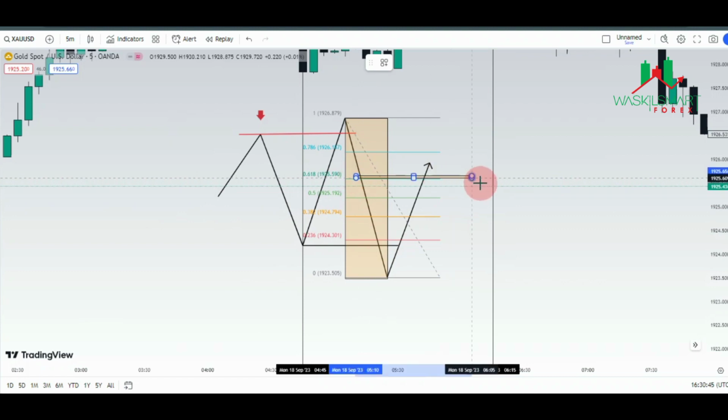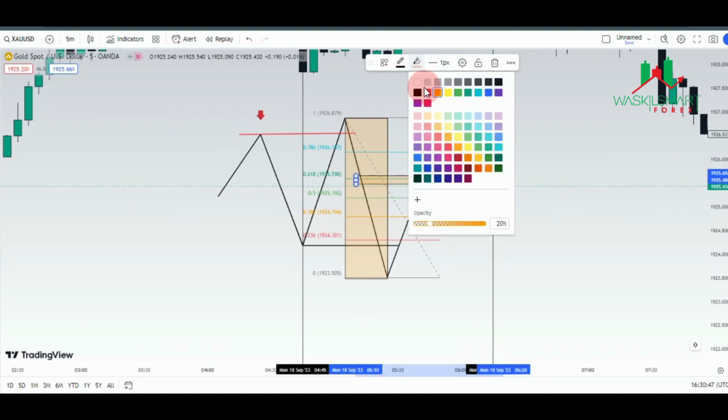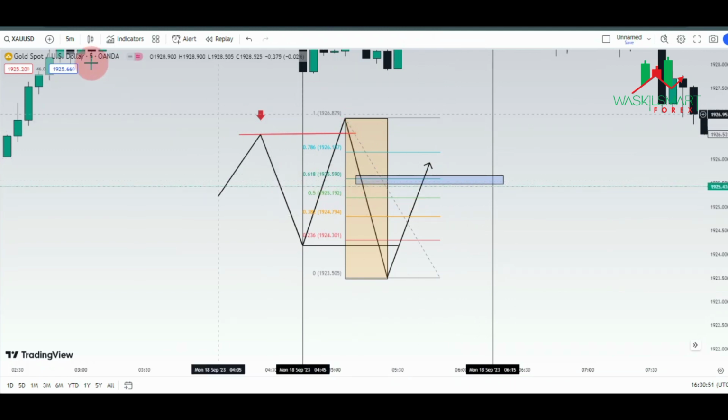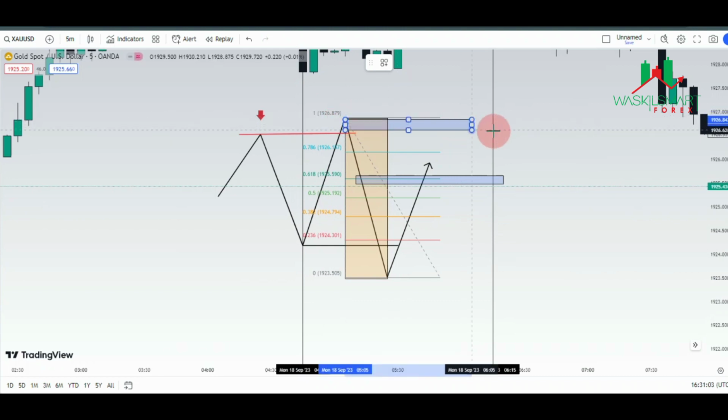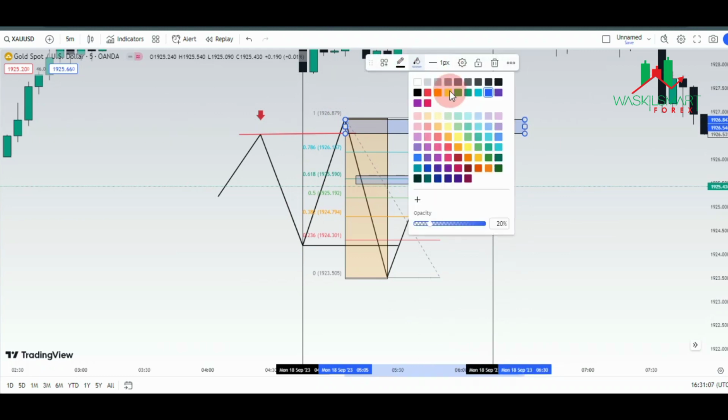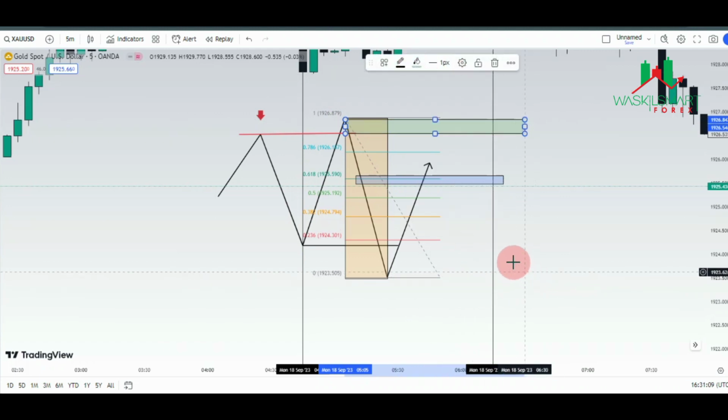This level here will be our first POI. The second POI is the order block. Let's say we have another block here, but in the scenarios I've been seeing so far in market structure, the order block is always the last POI.